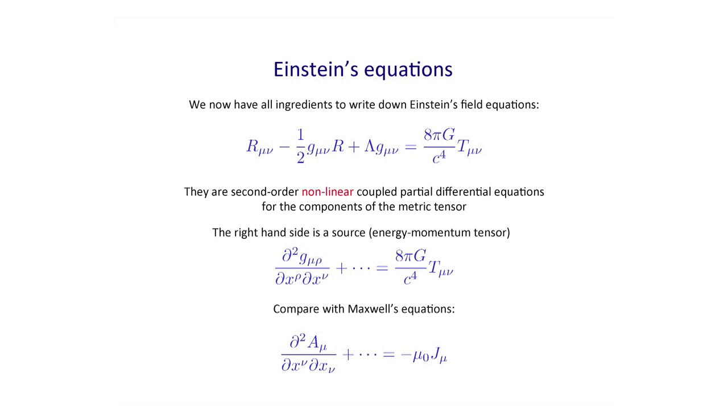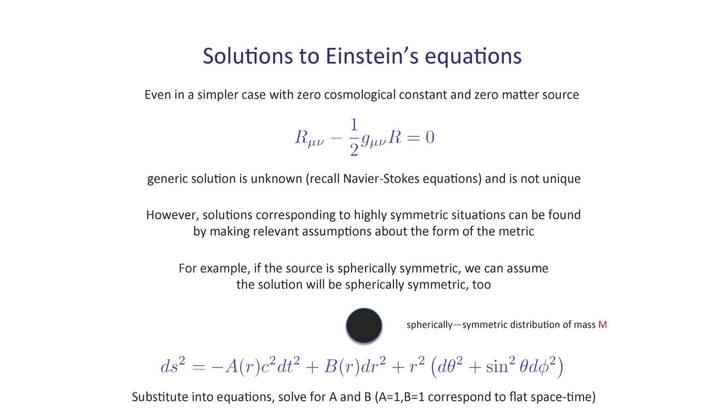It is a very, very complicated set of differential equations. So even in a simpler case, with zero cosmological constant and zero matter source, so suppose we have a vacuum, with no source on the right-hand side, a generic solution remains unknown. You can recall the Navier-Stokes equations for fluids, which is also a very complicated set of nonlinear equations, and the solution is not unique.